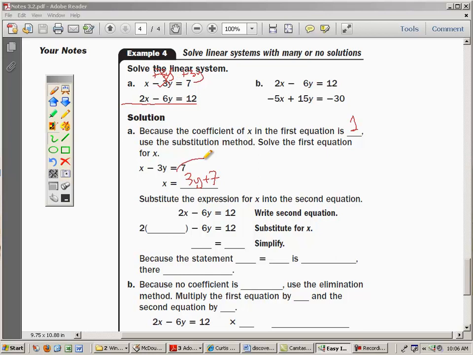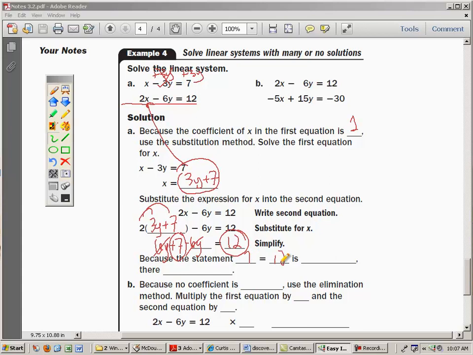And now I'm going to substitute that in right there. This becomes 2 times 3y plus 7. And go ahead and distribute. I get 6y plus 7 minus 6y is equal to 12. And when I do that, the 6y minus 6y cancels out. And so I get 7 equals 12.